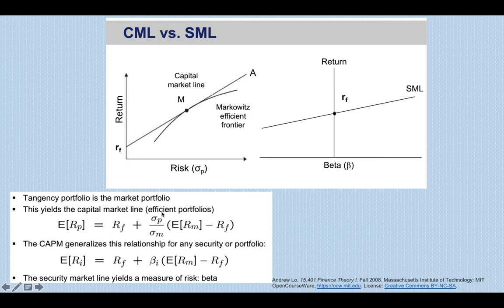This is basically the efficient portfolio. Usually, a portfolio is not as ideal as the efficient one, so CAPM is more realistic. Anyway, the capital market line has a tangent point. The tangent portfolio is the market portfolio, the most desirable portfolio.